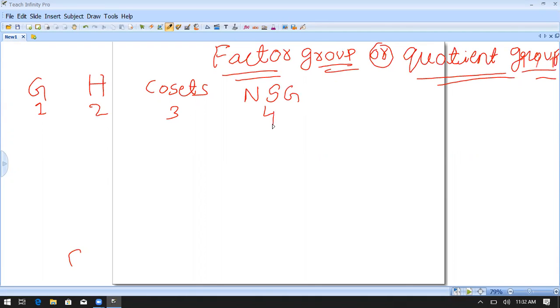So first we have a group, after that a subgroup, after that cosets, right cosets and left cosets, and after that a normal subgroup. By using this normal subgroup, we shall find the quotient group or a factor group.